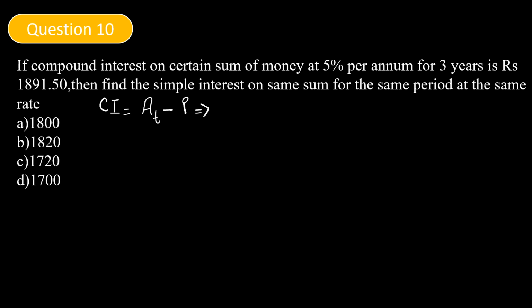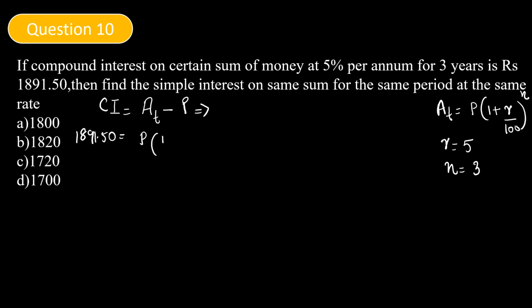Therefore, AT is the amount after time period T, that is equal to P into 1 plus R by 100 whole raised to N, where R is the rate of interest, N is the time. Given that rate of interest is 5% per annum and N, that is time, is 3 years. Compound interest is given as 1891.50.